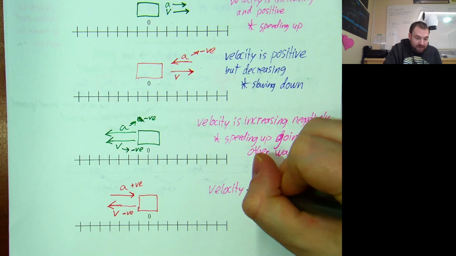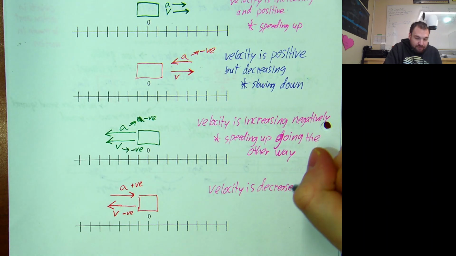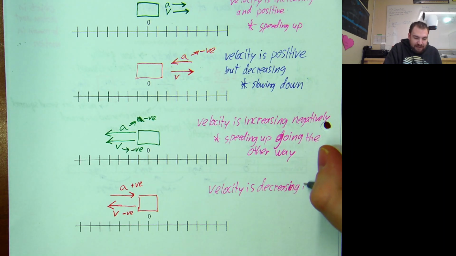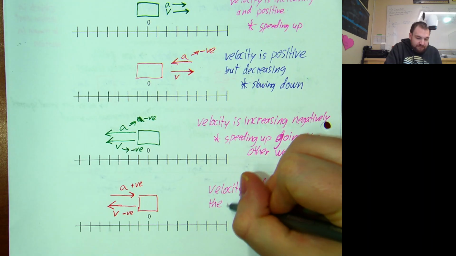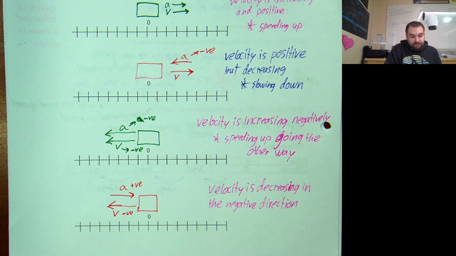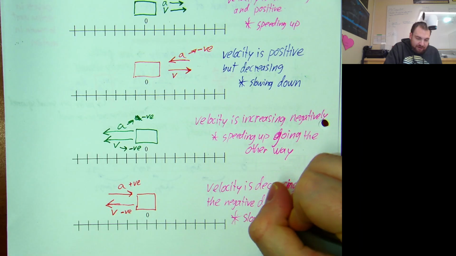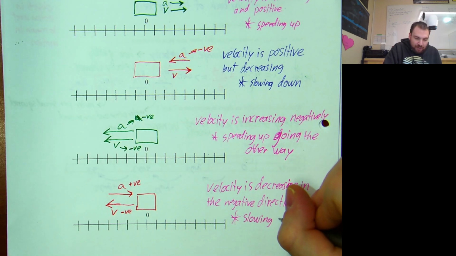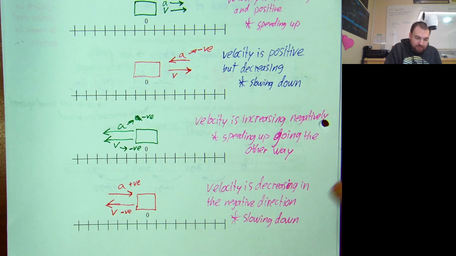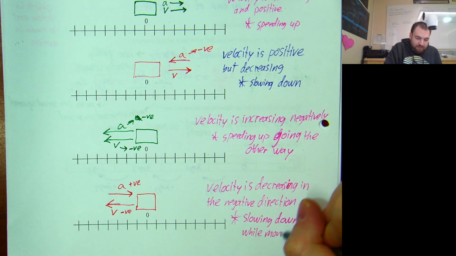Velocity is decreasing. You said it already, decreasing in the negative direction is how I'll say it. So what's happening here, the guys at the front said it already, it's slowing down while moving negatively.